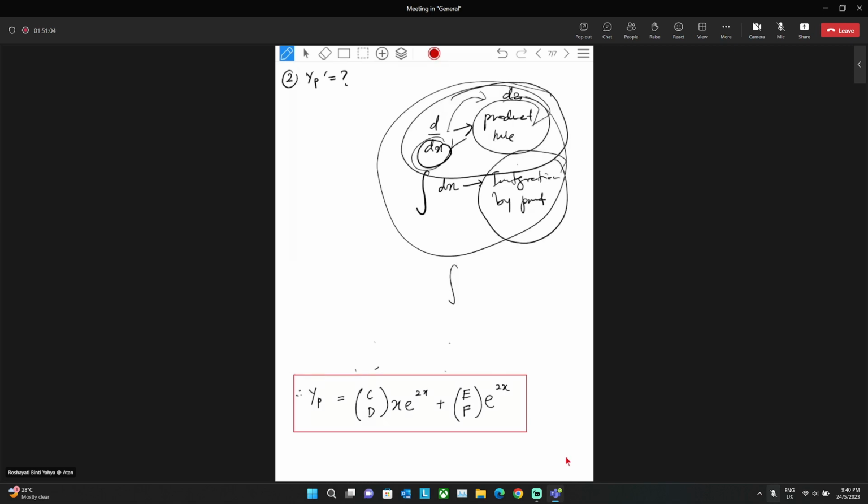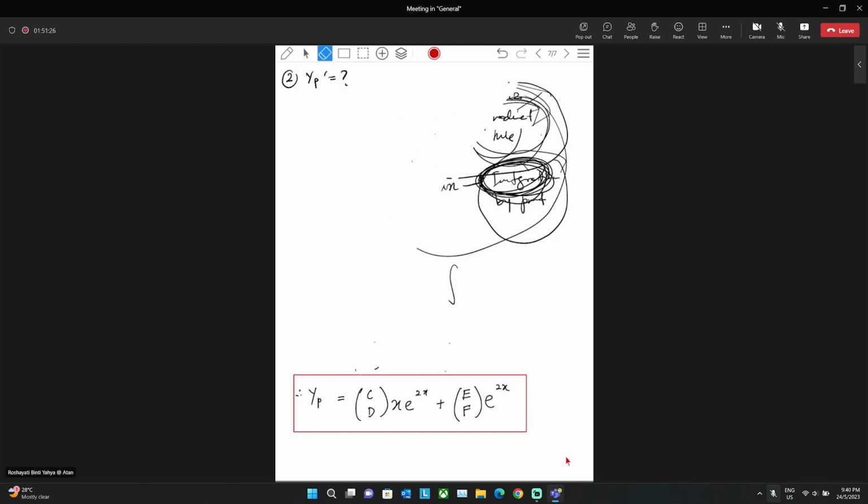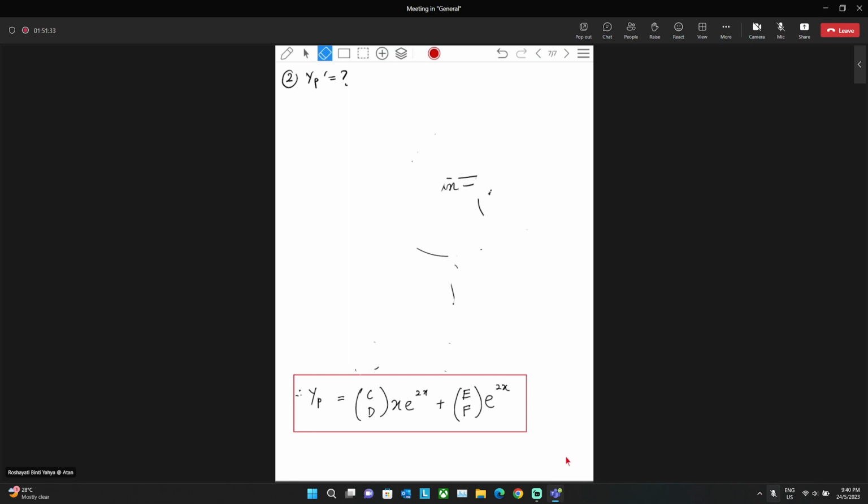But product rule it has no integration. So that's why you need to be very clear. Boleh kan Hanan? Betul dah tadi. Saya just nak tanya je. So dah faham? Faham. The reason is we are now under differentiation, not integration.